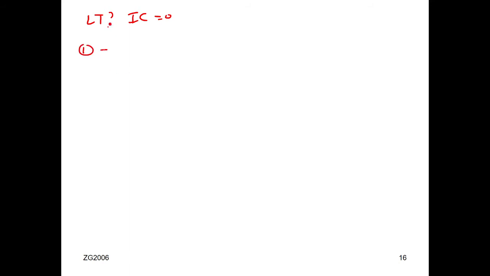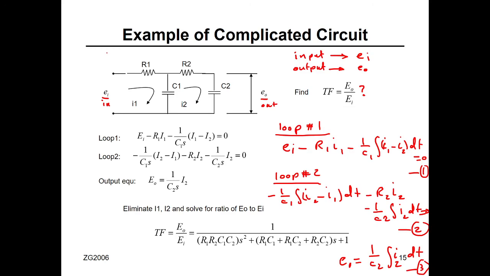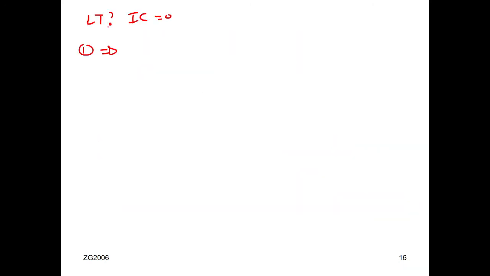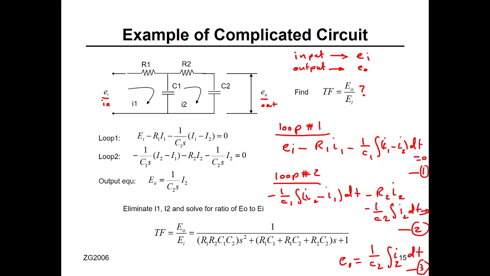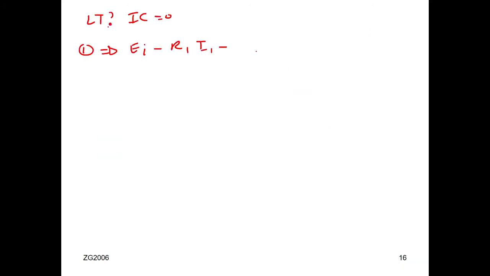So from equation 1, it's going to be E in minus R1 I1 minus 1 over C1 S, also, times I1 minus I2, equal to 0.